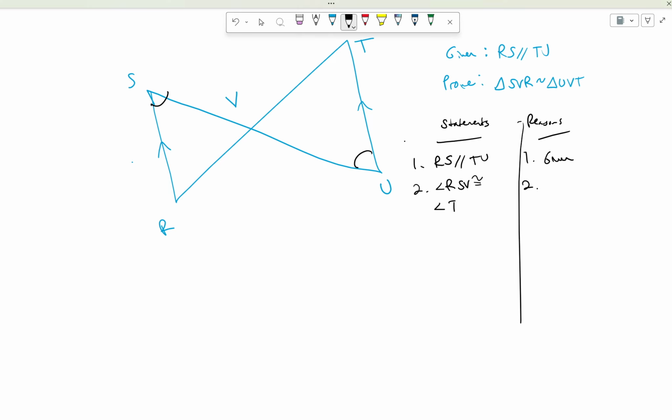And remember why. These are alternate interior angles. So that's great. I have one set. I need two sets. And of course, right here, these guys, which are adjacent, are going to be congruent. Or vertical, that is. Angle SVR congruent to TVU.